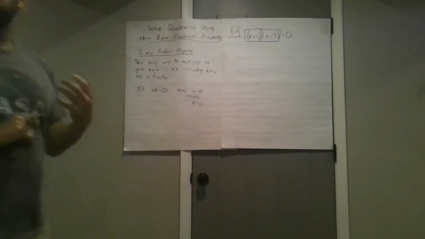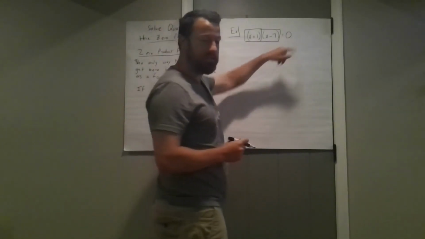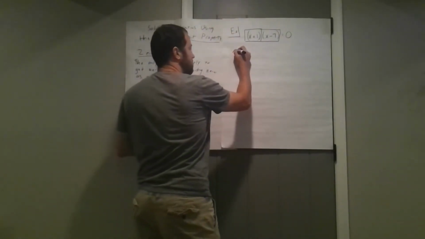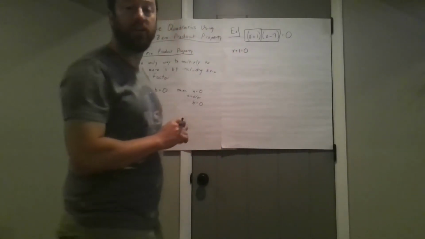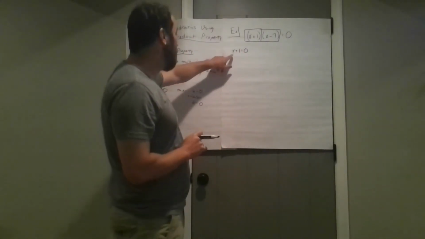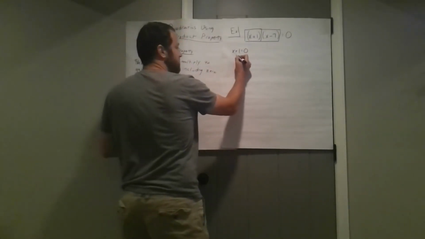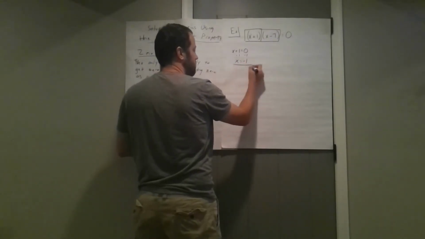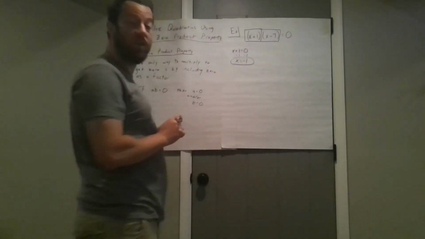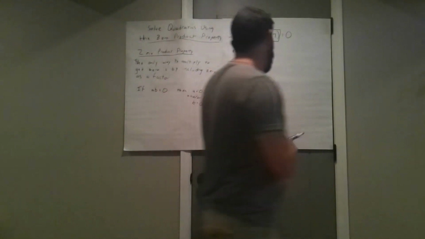So what we need to figure out is, I know either x plus 1 needs to equal 0, and we need to figure out what value of x makes x plus 1 equal 0, and we can just do our basic algebra. So x equals -1 is one of our solutions to this equation.